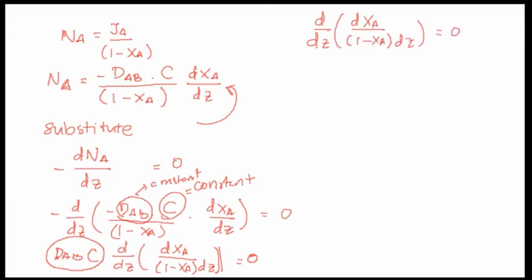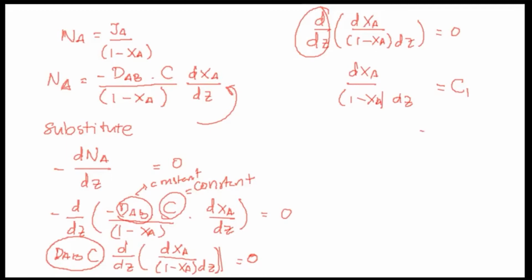Okay, the first integration for this part will give us (dxA over 1 minus xA)/dz equal to constant 1. Okay, next we have another integration.